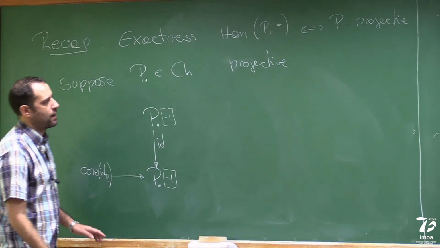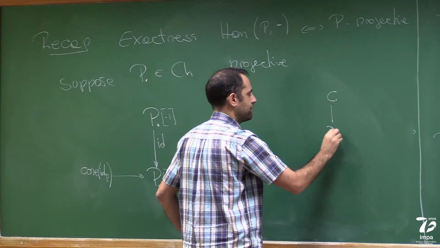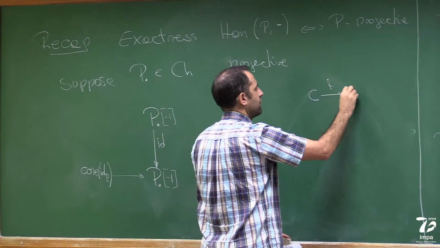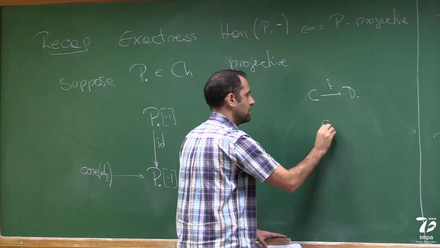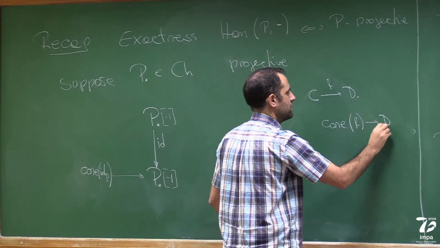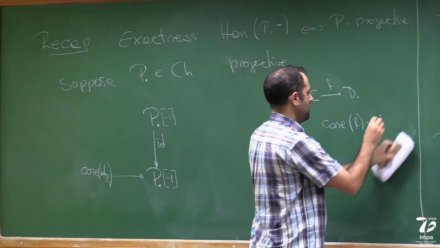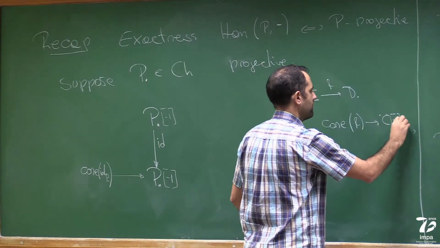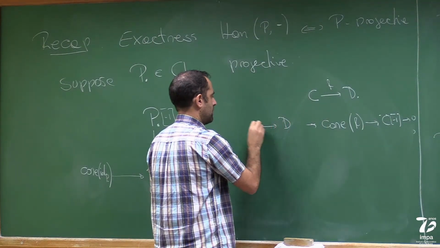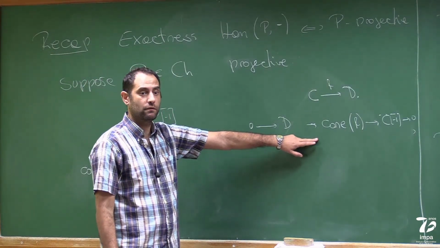Remember, for a map of complexes, if we had a complex C and a complex D, a complex C, a map F to a complex D, we constructed a long time ago a map from the cone of F to C shifted by -1, an exact sequence of complexes. And we used that to construct this delta functor.